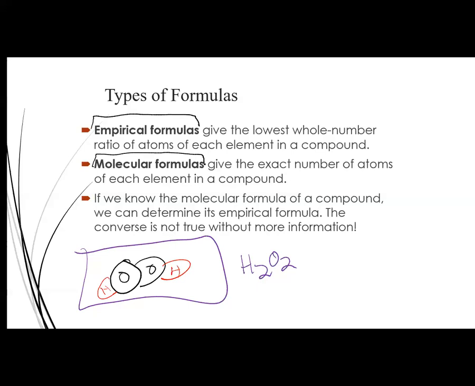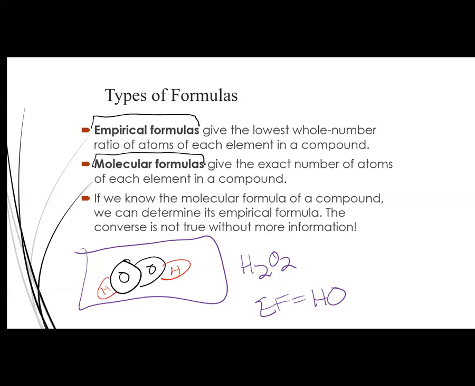The empirical formula is different. The empirical formula is only concerned with the ratio of the atoms. And so our empirical formula is going to be HO, one hydrogen and one oxygen, because they will always show up in a 1-to-1 ratio.